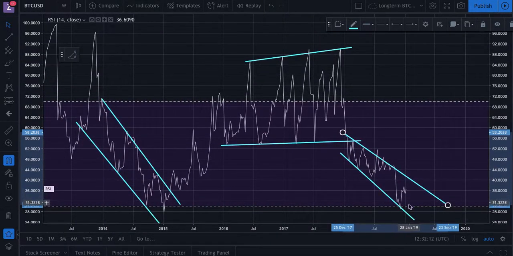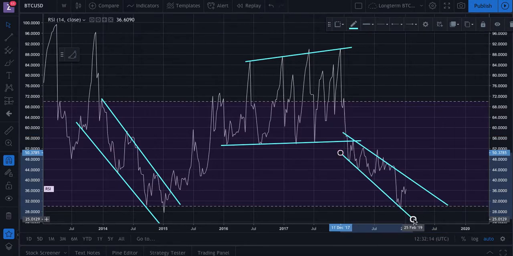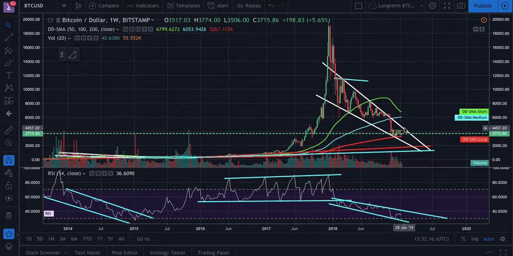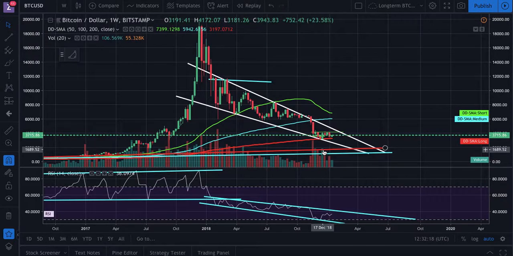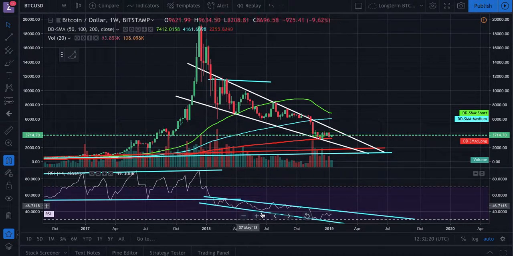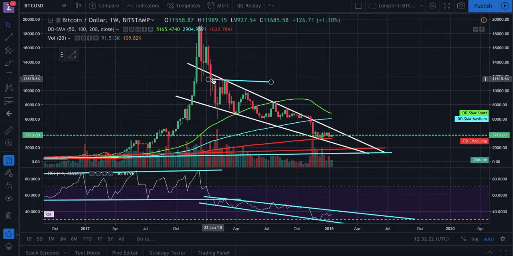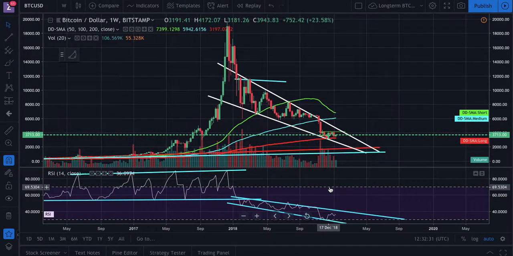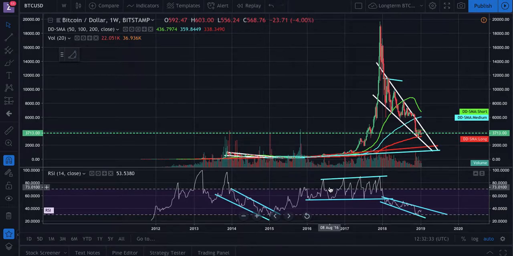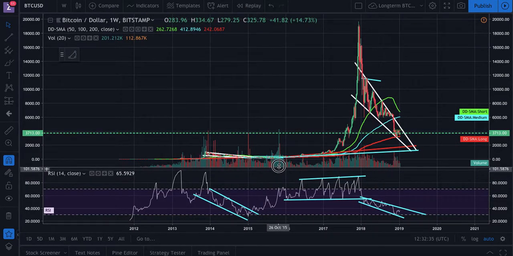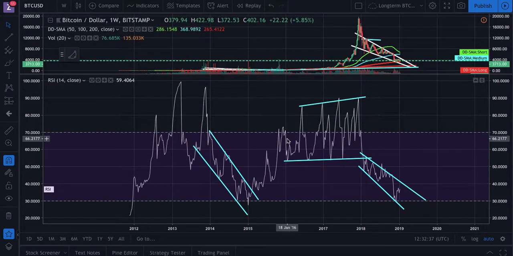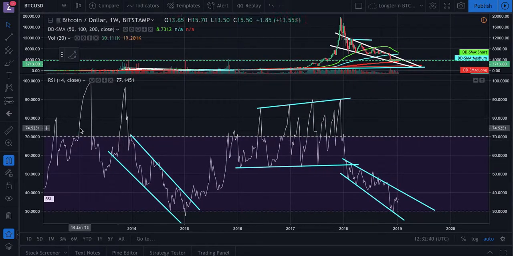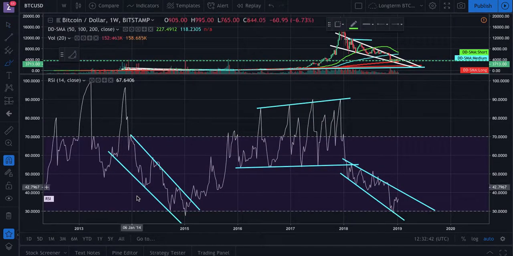Well, it's telling me we're not out yet, when we check out both trends. This trend has been going on since January 18th. It's been going on for exactly a year until here. And if I show you on the RSI, I think at this point we're over here.